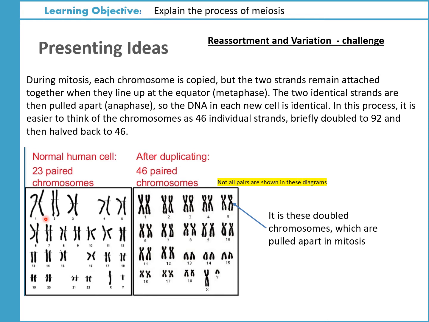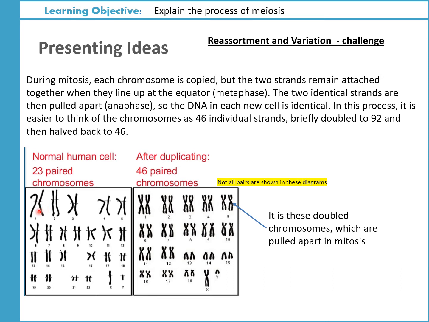So let's say, for example, the gene for eye colour is on chromosome 1. It means that every human will have a gene for eye colour on each of its chromosome 1s, meaning that you have 2 copies of a gene for each characteristic. We'll learn more about how it is decided which of those characteristics gets passed on in a future lesson.